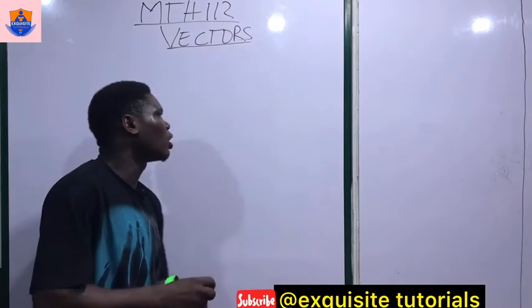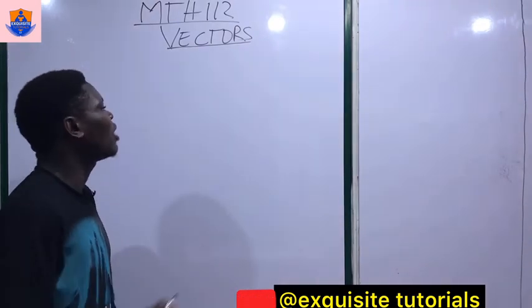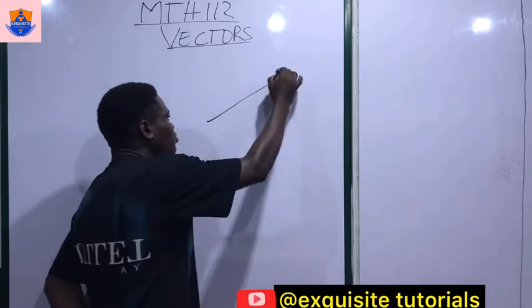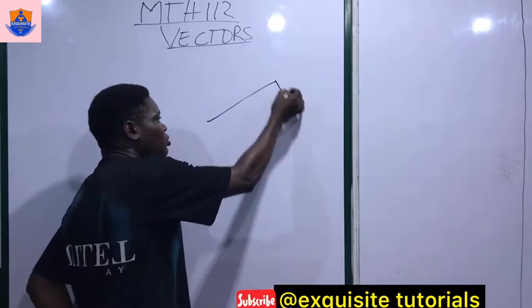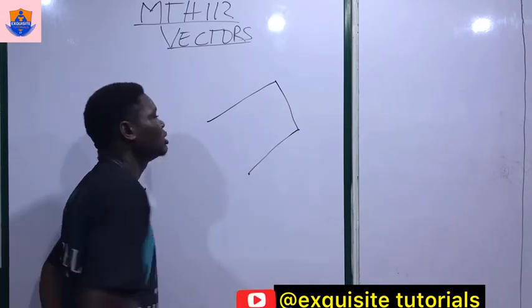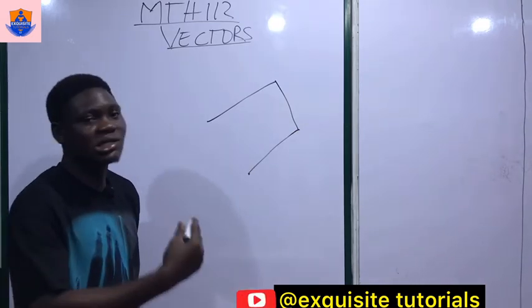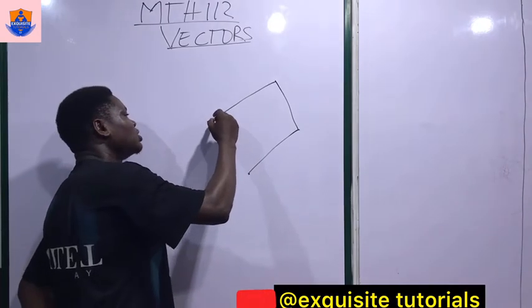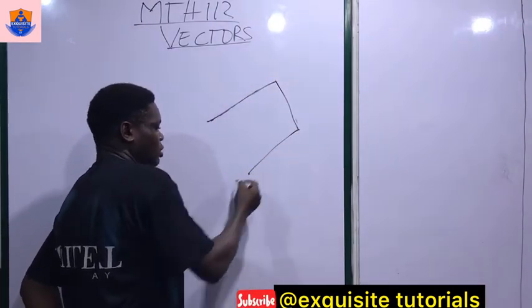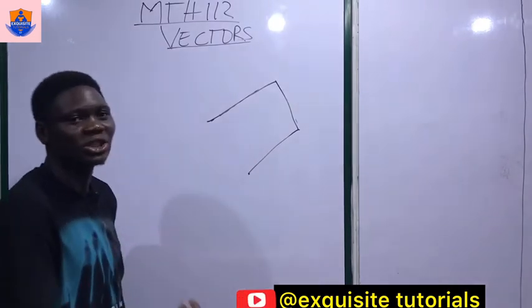Now let's say you have a car and you started your journey from this point. You move from here to this point and from here to this point, and you went back to this point. When you are talking about distance, you are considering how much you moved without considering the direction.